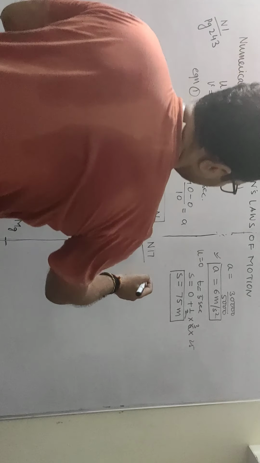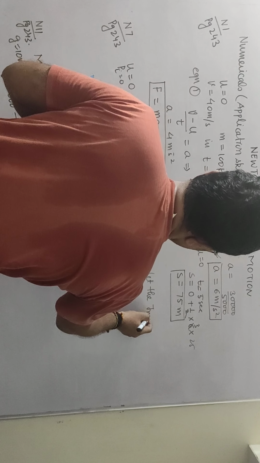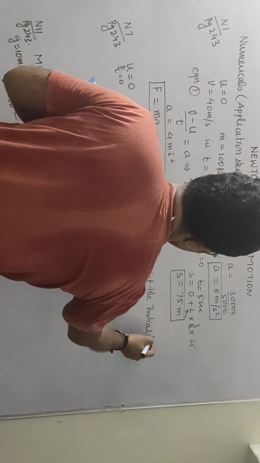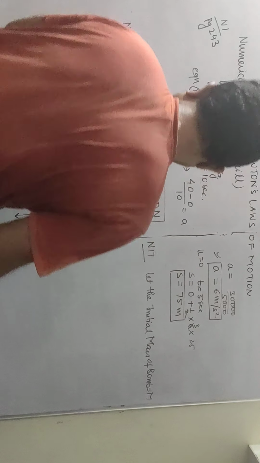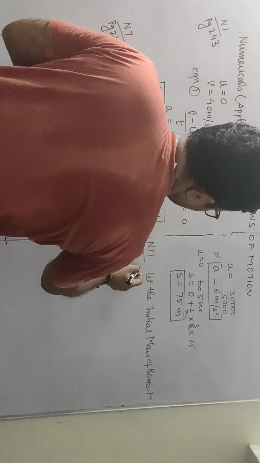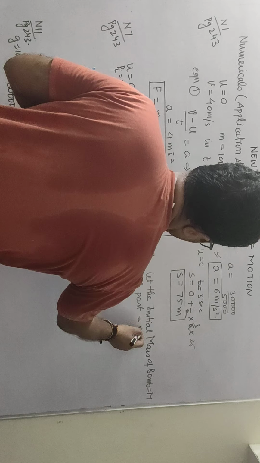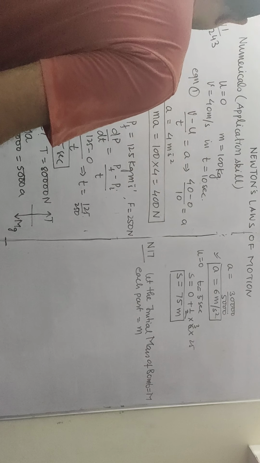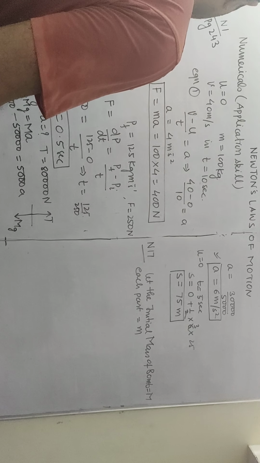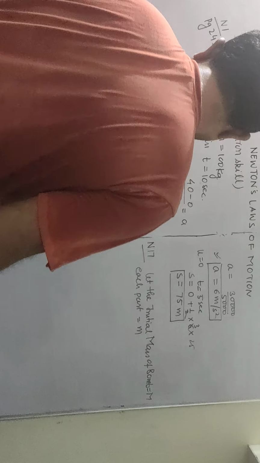Let the initial mass of bomb be m. It is exploded into 3 fragments of equal masses. Each part has mass m. 2 fragments fly off at right angles to each other with a velocity of 9 meter per second and 12 meter per second.